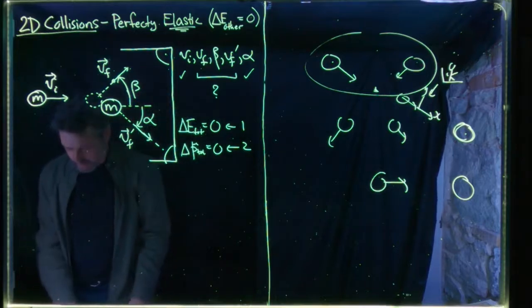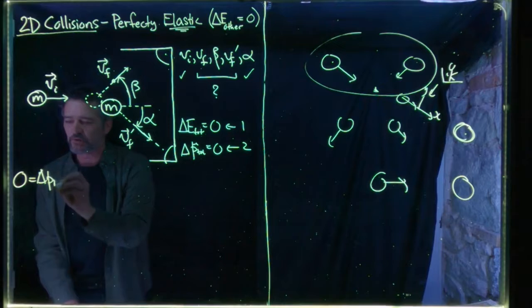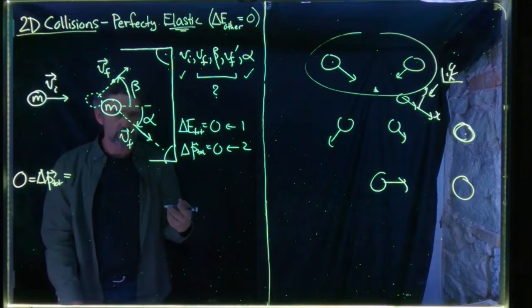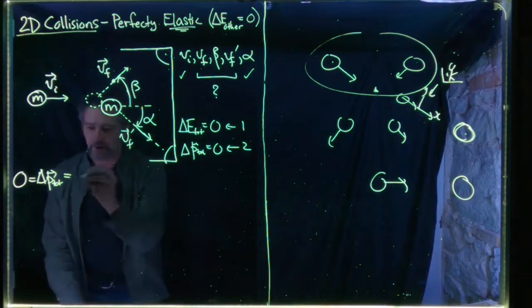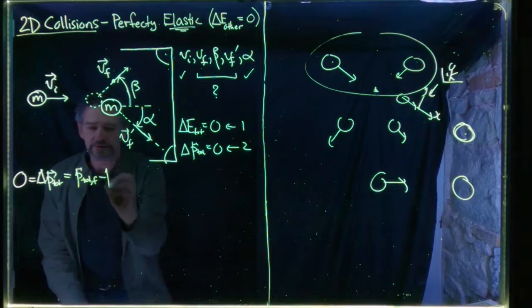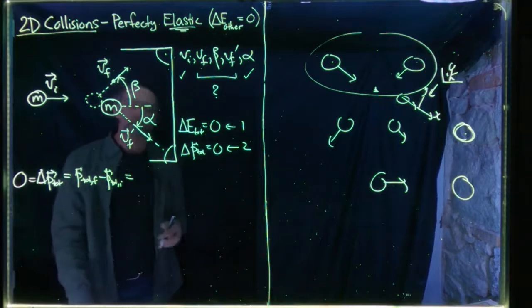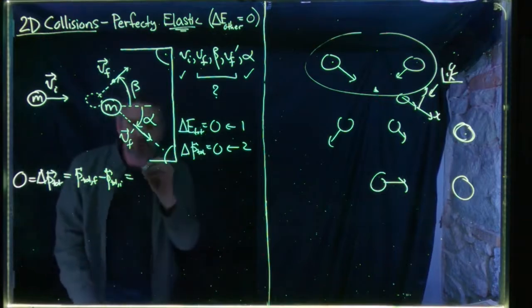Okay, so conservation of momentum reads this. 0 is the change in the total momentum. That's total momentum final minus total momentum initial is equal to 0. So P total final minus P total initial. Okay, so let's just write those out. So P total final. In the final situation, what do we have?